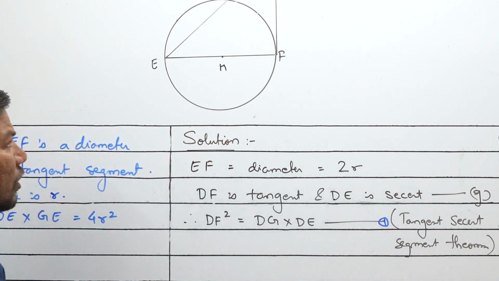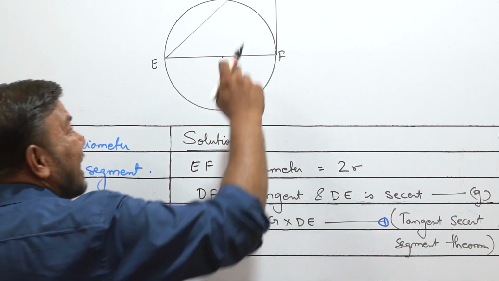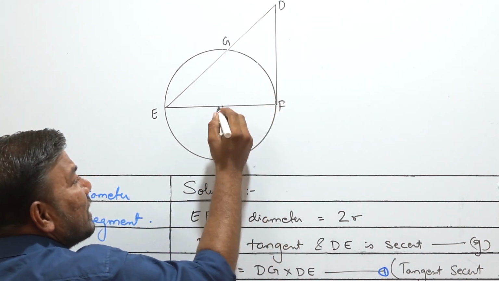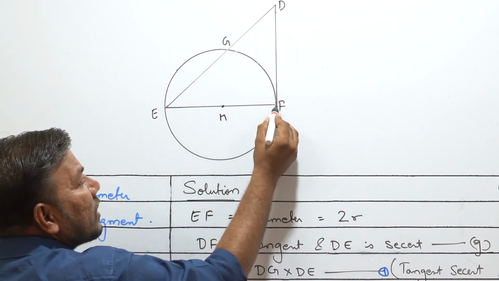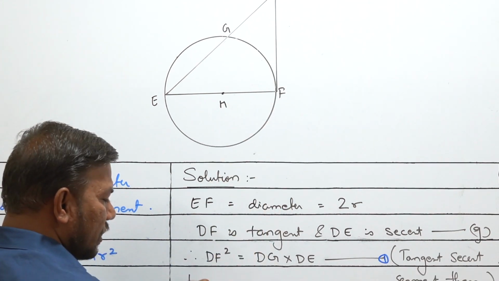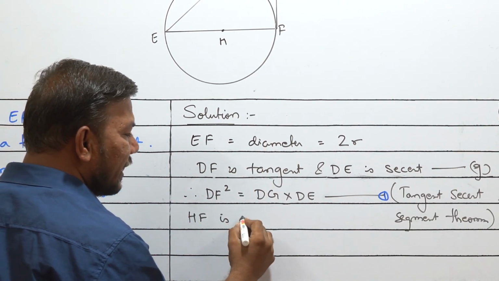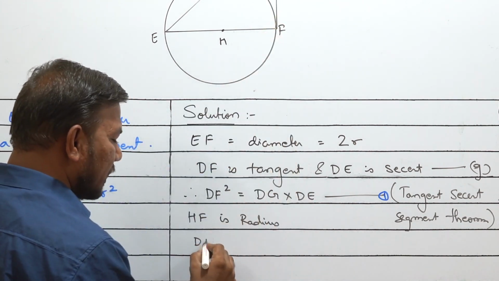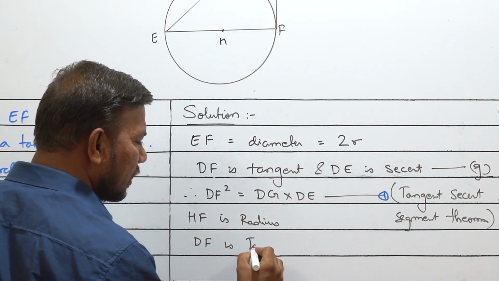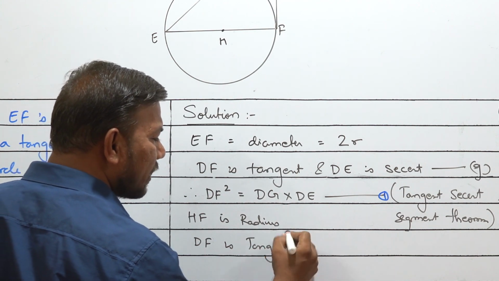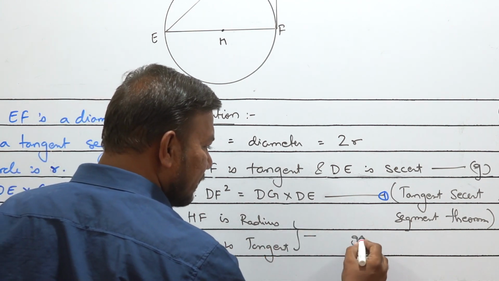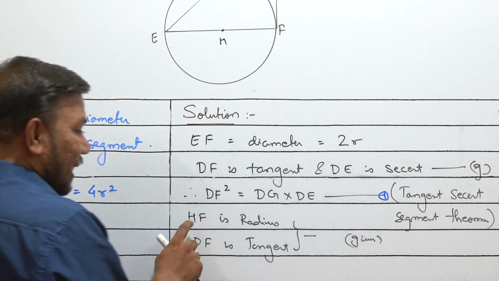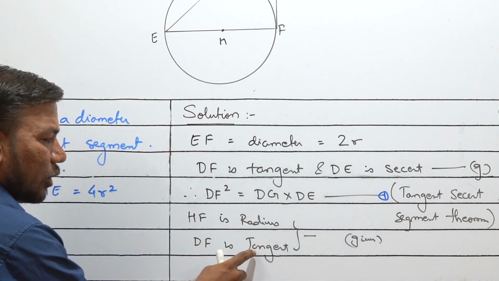Okay. Now if you carefully observe this triangle, this is a radius, HF. HF is radius and DF is tangent. So according to the property, radius is always perpendicular to the tangent.